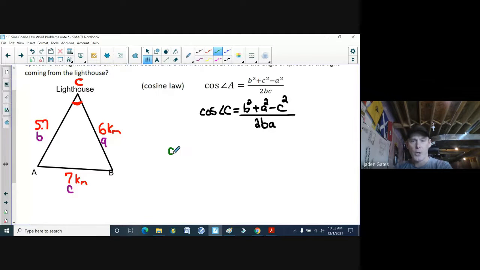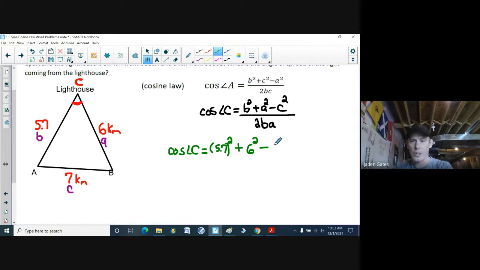All right. So we got cosine of angle C is equal to B squared. What do we got here? 5.7 squared. Plus A squared. A is 6. So we got a 6 squared. I just put that 5.7 in brackets because it's a decimal. That's all.